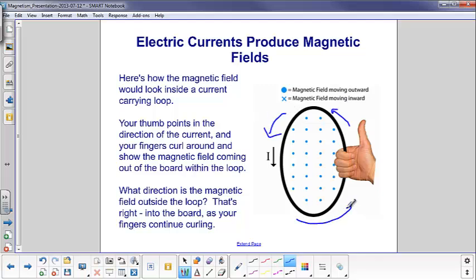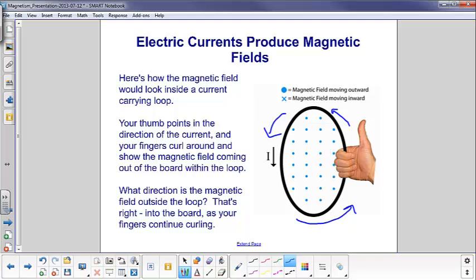Actually, I could grab this loop at any point and it would give me the same answer, but I'll grab it over here to the right. My thumb is pointing in the direction of the current, and again it's the tangent to the circle right here. My thumb points that way. I grab the loop, curl my fingers from the straight position until they touch my palm, and inside the loop the direction of my fingers are actually coming out of the piece of paper, so you can see I have the dots here. It shows that the magnetic field inside here is coming out of the board.